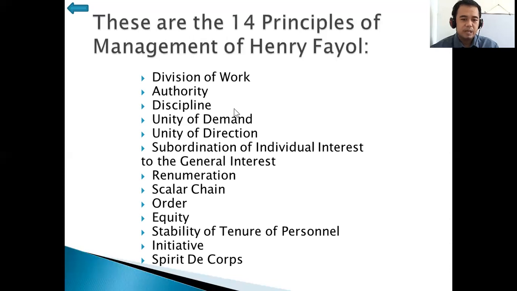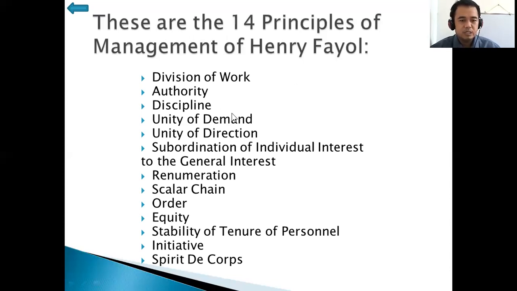And of course, applying it in a job, when you say discipline, those who are working don't want to be terminated. They don't want to be given disciplinary action for not having good discipline in the business, because there will be a sanction, as we noticed a while ago in controlling.